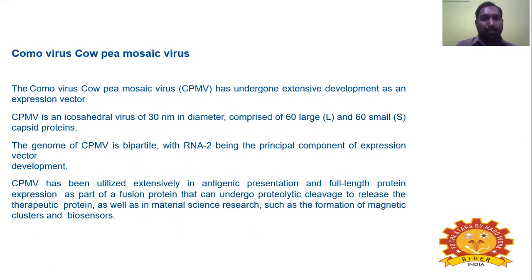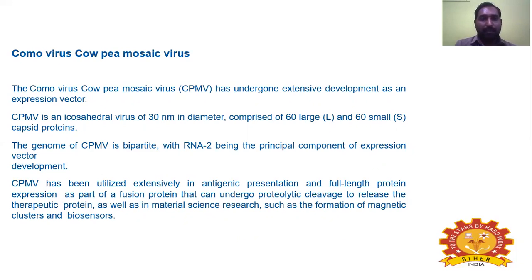And the next one is a comovirus, that is cowpea mosaic virus. This comovirus, cowpea mosaic virus, has undergone extensive development as an expression vector. It is 30 nanometers in diameter, with 60 large and 60 small capsid proteins within that particular virus.